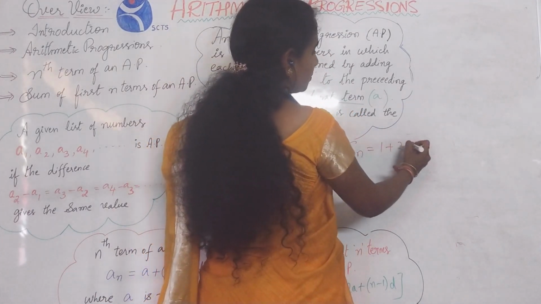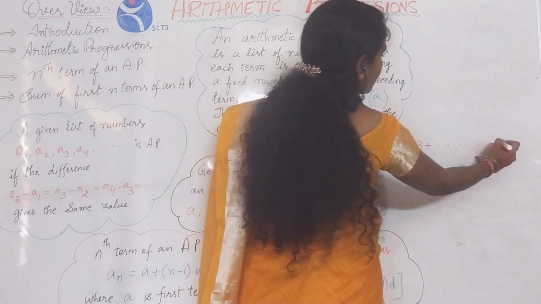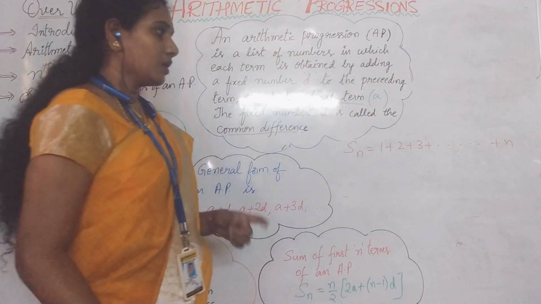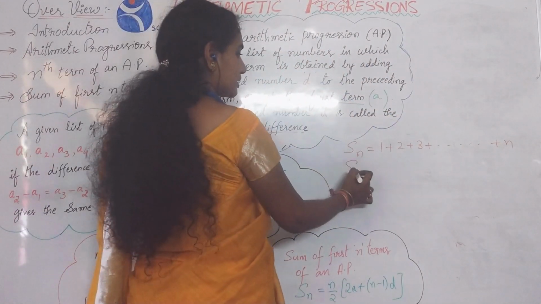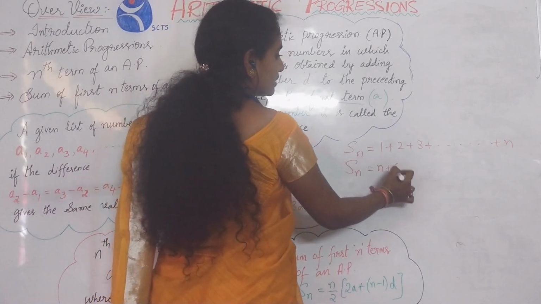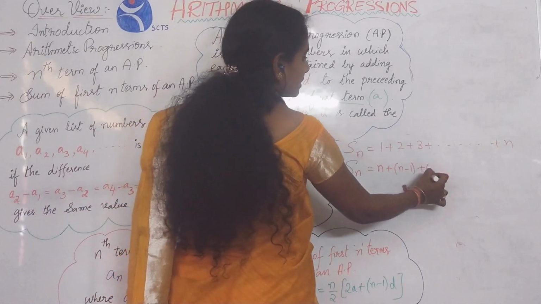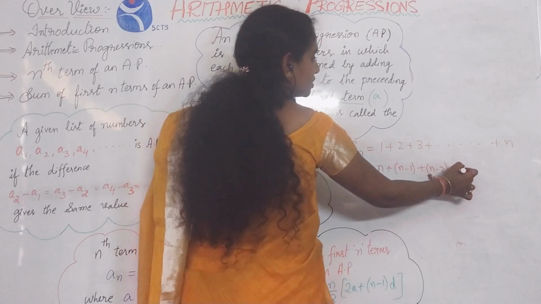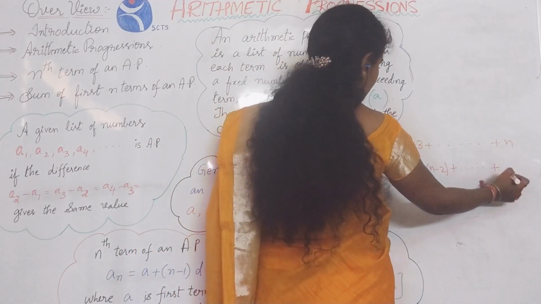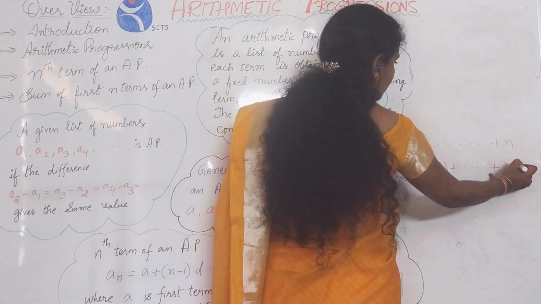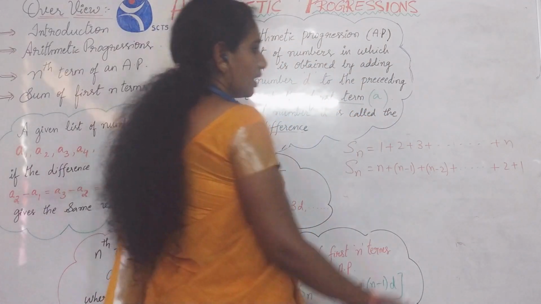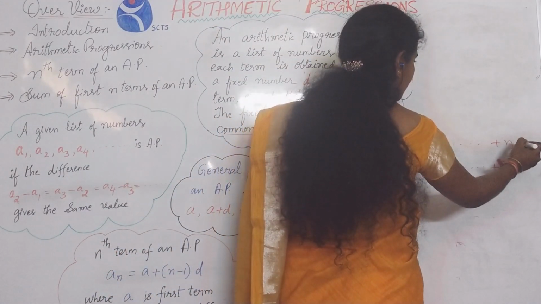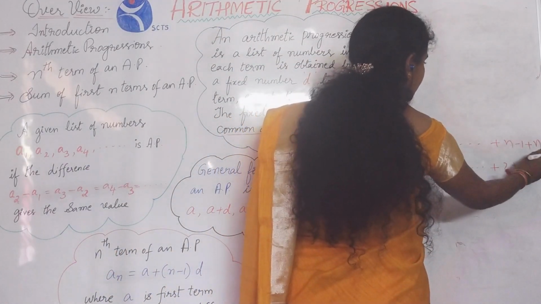Now in the reverse order, again I am writing Sn: n plus (n minus 1) plus (n minus 2) plus so on plus 2 plus 1. And if you want to write one more term here, you can write (n minus 1) plus n.